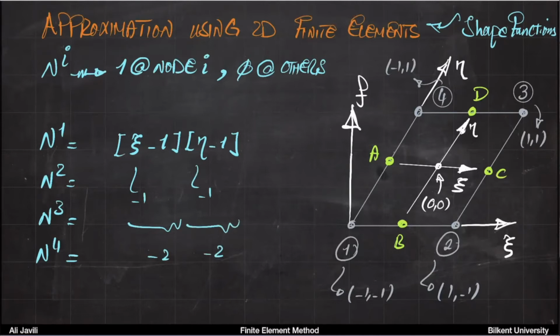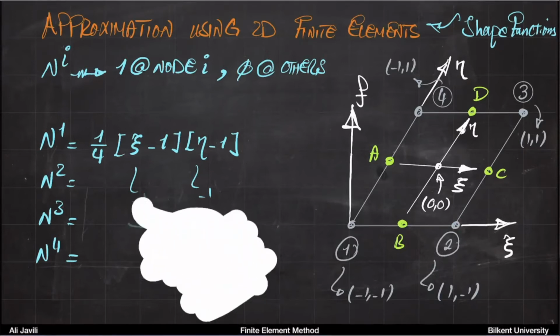So you get a 4 basically. Now, in order to make sure that you get 1 for N1 at node 1, you multiply that by 1 over 4, or you divide it by 4, basically. All right? So that's how you construct, or you write N1.